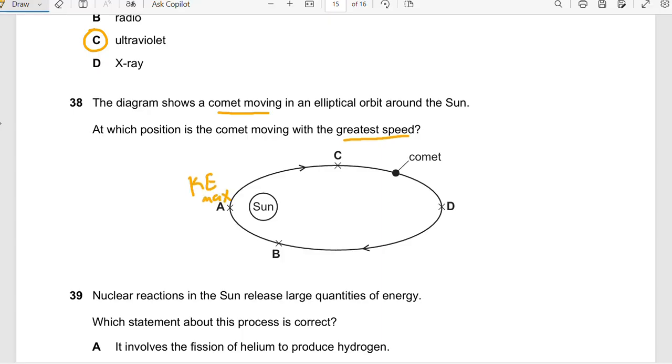Why is that? It needs to move with the maximum kinetic energy to oppose the gravity force from the sun. Okay, so in A, it has the maximum kinetic energy. That's why it has the maximum speed.